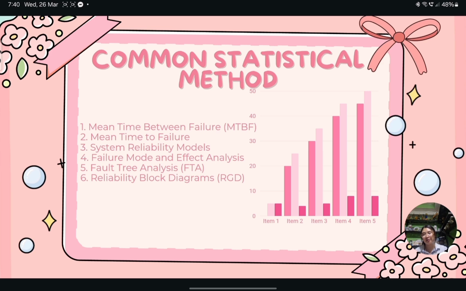Oh, it's just the same thing as failure mode analysis, so they're more likely to be the same. Okay, mean time to failure. It's the same thing as the mean time between failure. It is somehow similar.